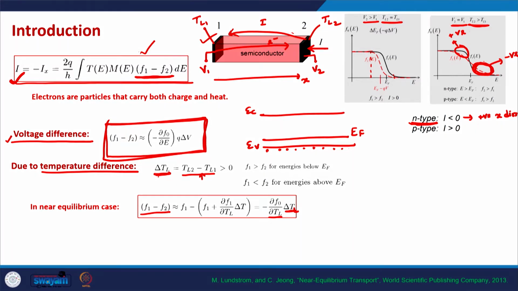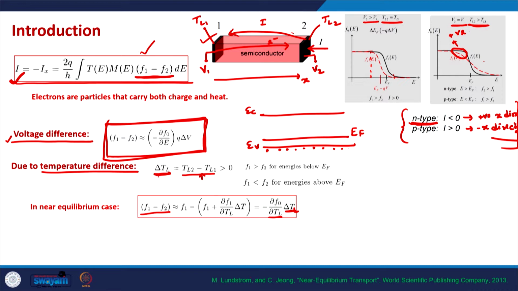In this case, if there is a temperature difference, we need to see F1 minus F2 below the Fermi level, and as you can see F1 minus F2 is positive, which means there is a current in minus x direction. So depending on the doping of the semiconductor, the current direction will be determined when a temperature difference is applied across the semiconductor.